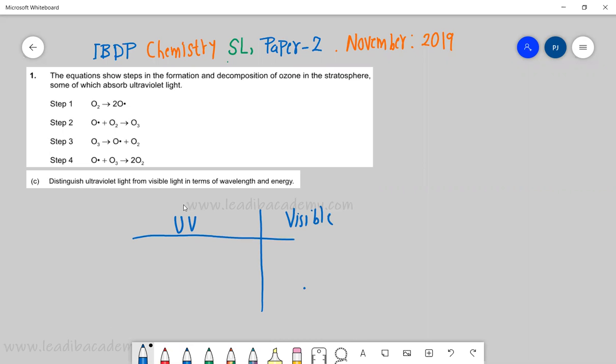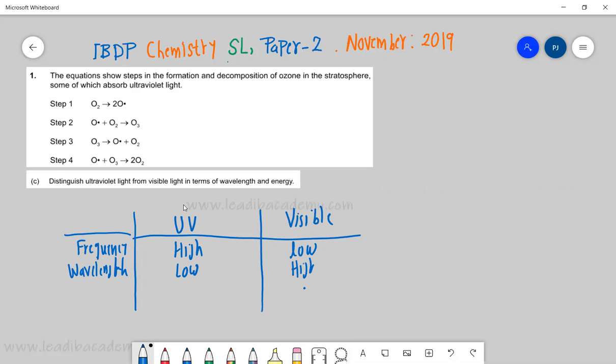Let's understand frequency first. UV frequency is high, visible is low. We are comparing. Therefore, wavelength is low for UV, exactly the reverse, and high for visible.